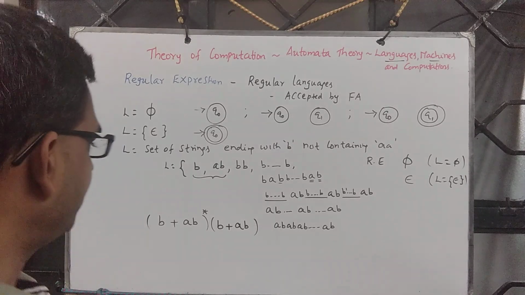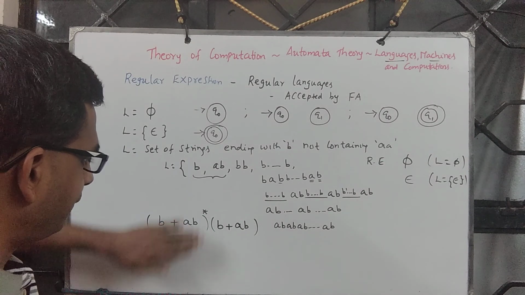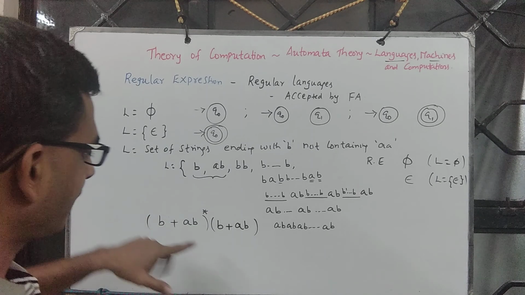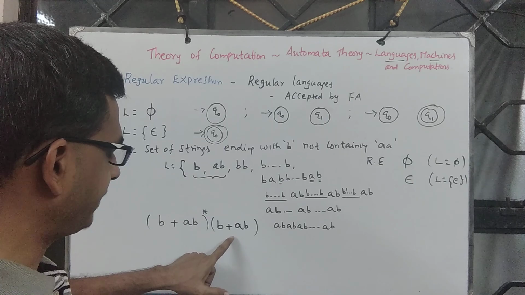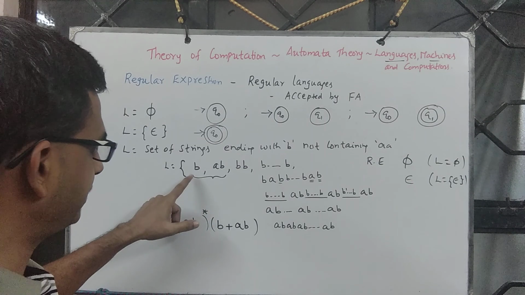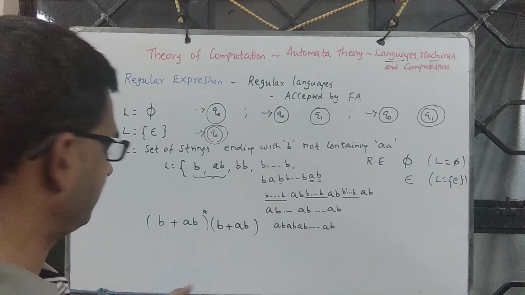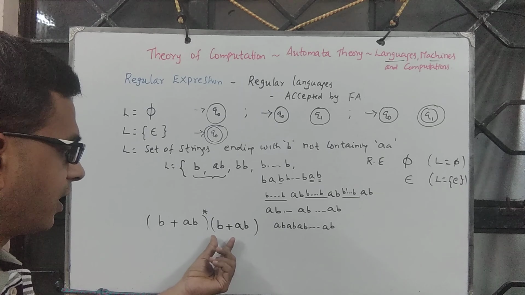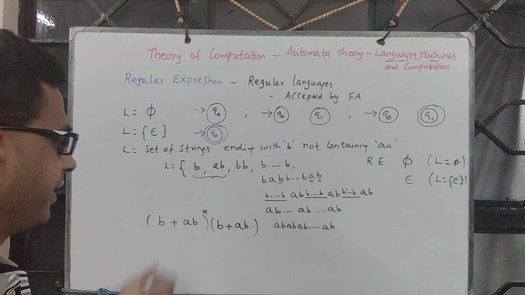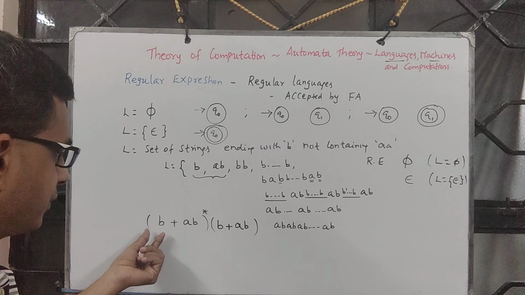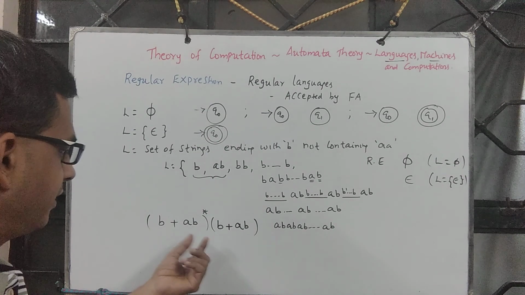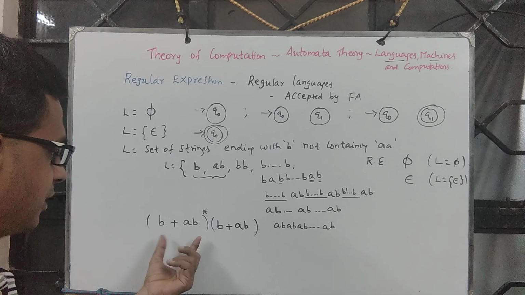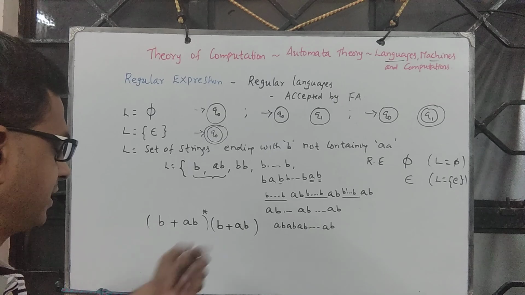So this clearly tells you, if you take 0 from this, because this is 0 or more copies of B plus AB, you can take either B or AB. So you generate B. If you get AB, you get this. If you get so many B's, then from this you can take B or AB. Fine. If the string is going to end with B, then you take a B, and if there are, say, n B's, n minus 1 B's come from this, and the nth B comes from this.